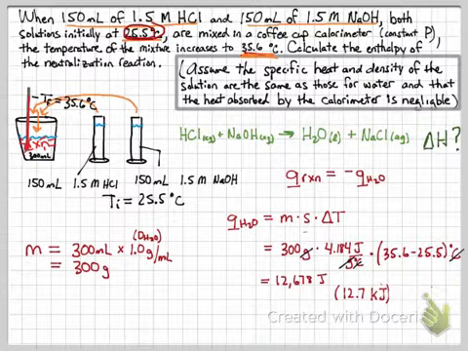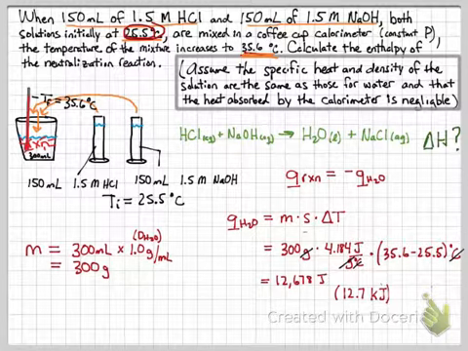Now, since the reaction is exothermic, Q of the reaction is equal to negative Q of the water, that means that negative 12.7 kilojoules of heat were given off by the reaction. However, we want to calculate delta H, enthalpy for the reaction, specifically for this reaction, which relates 1 mole of each substance, HCl and NaOH.